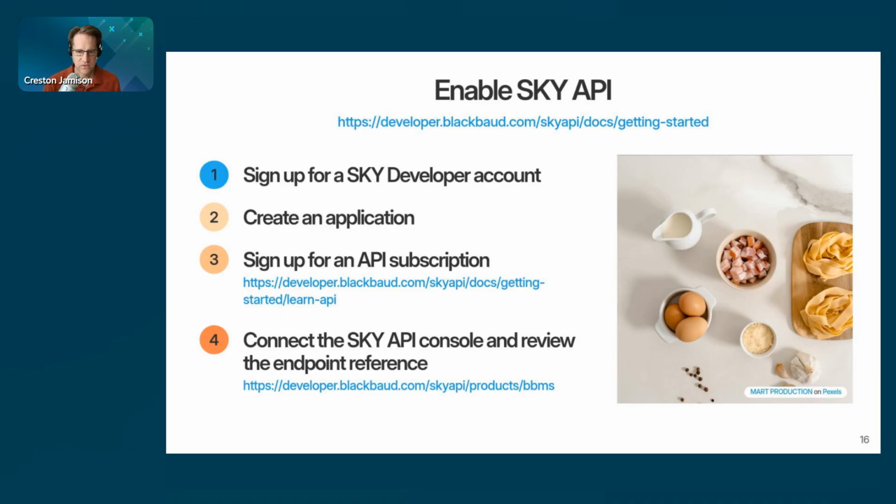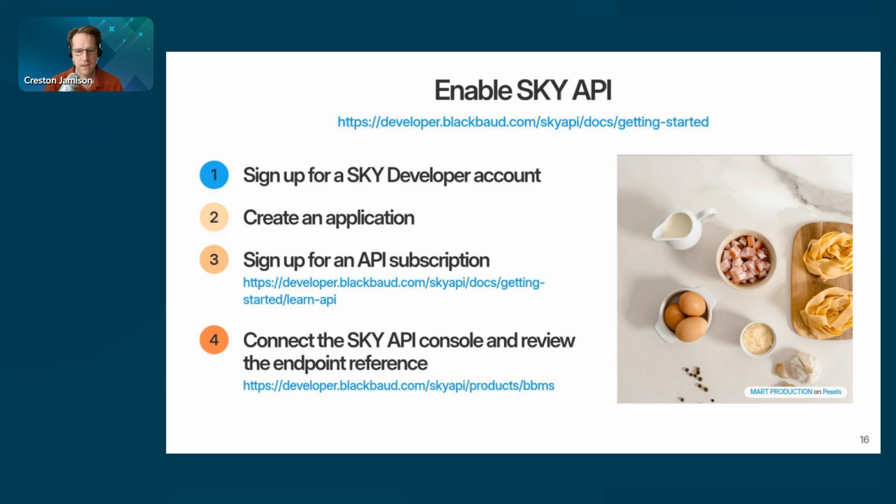So first, you want to sign up for a Sky Developer account if you haven't already, and then create an application. It needs some type of application to get keys to be able to access things. And then sign up for an API subscription. More recently, there's a free version you could use, or there's also the paid version.